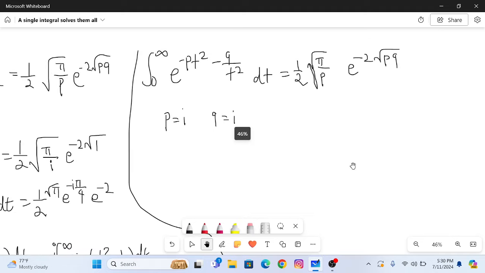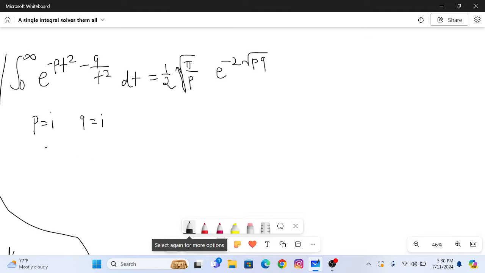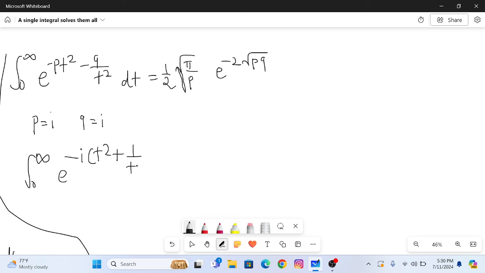Let us see how. So for this one we see that this quickly reduces to e to the power minus i common, t square plus 1 by t square dt, just as earlier. And over here it's 1 by 2 root under pi by i, since p is i, and now e to the power minus 2 times root of i times i, which is minus 1, so this is square root of minus 1.